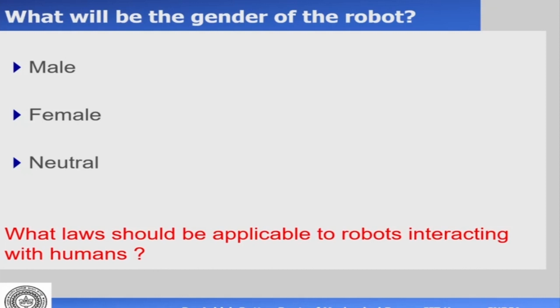Then the other relevant point is the last line here. What laws should be applicable to robots interacting with humans? Okay, so suppose there is a robot and human working together and there is an accident and the human is hurt, then who's responsible? Is the robot responsible or is the human responsible? What kind of laws govern this? Okay, so these are some funny questions that have come up because robots have come so much into society today.